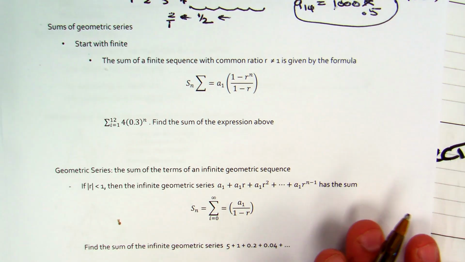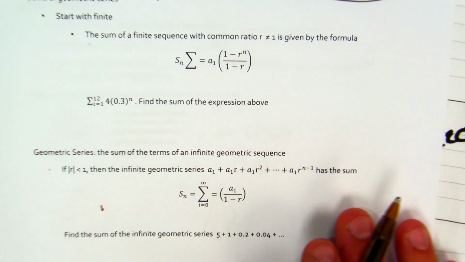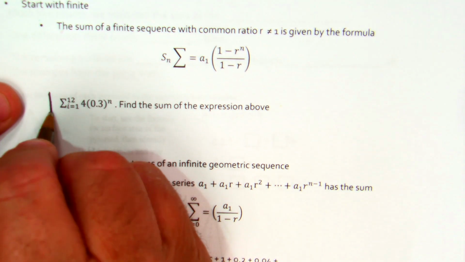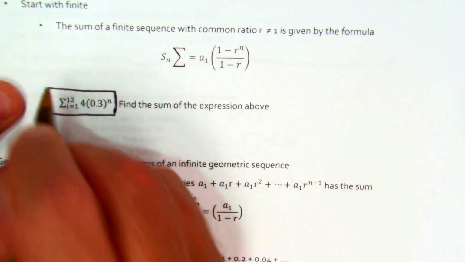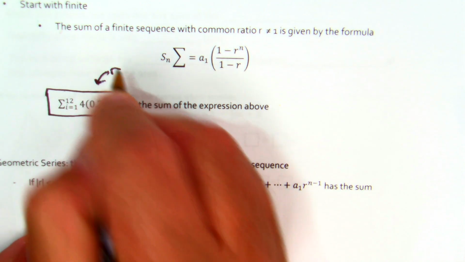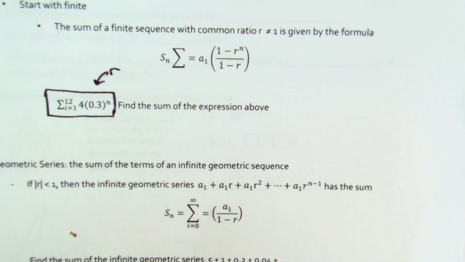So I look at my problem, and it says this. What decimal is being raised to the exponent? 0.3. That's your r. Make sense? You need n.